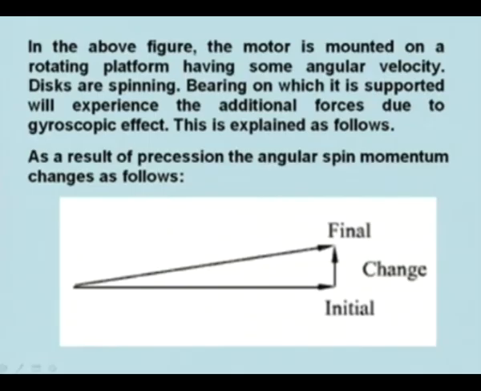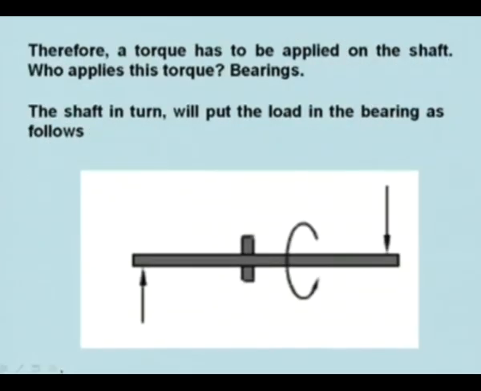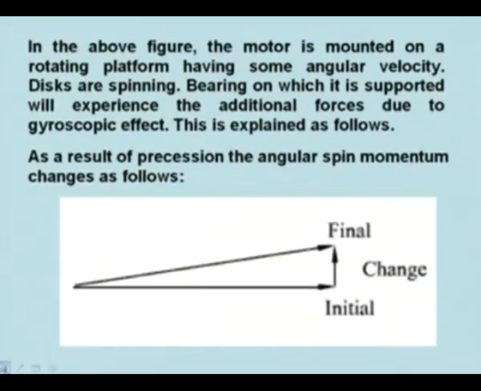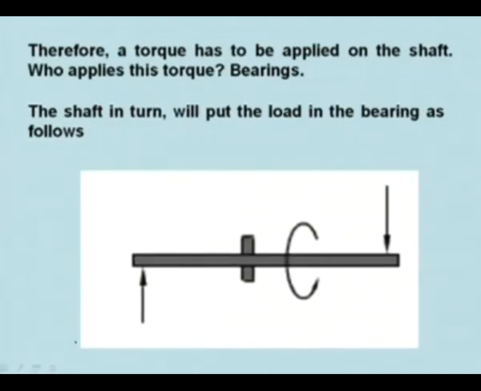Therefore, a torque has to be applied on the shaft because its angular momentum is changing. Initially, the angular momentum is like this. Finally, after some time, it has become like this. So this much is the change. Since there is a change, the torque has to be applied.